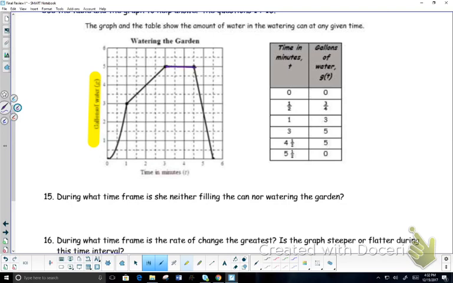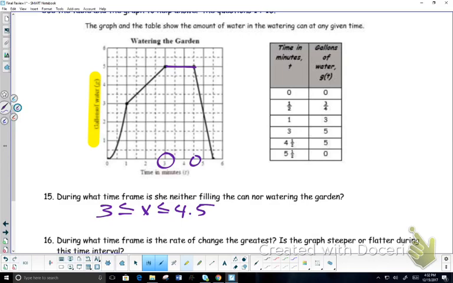This is the only place right here where it is not getting more water in it or less water in it. So from 3 until 4.5, she is neither filling the can nor watering the garden.